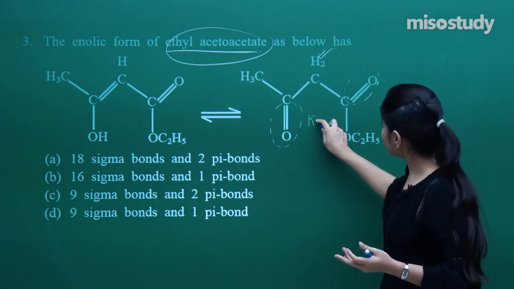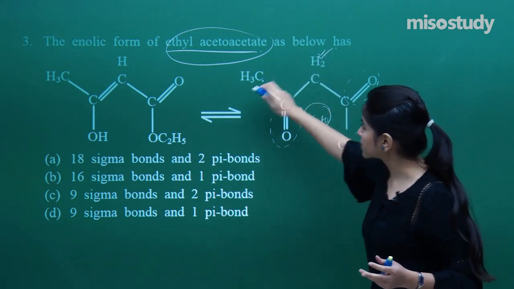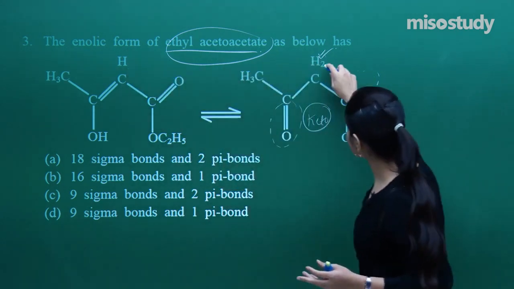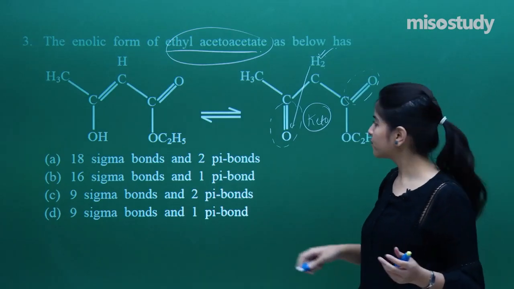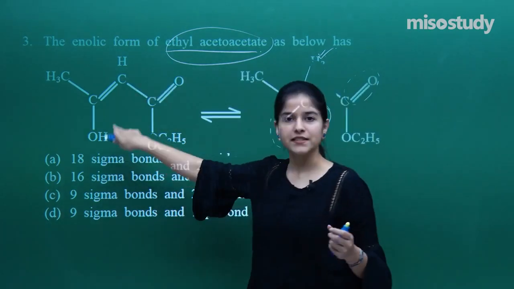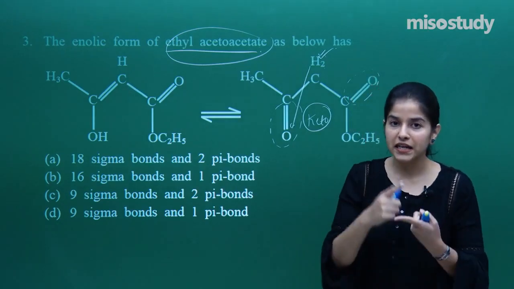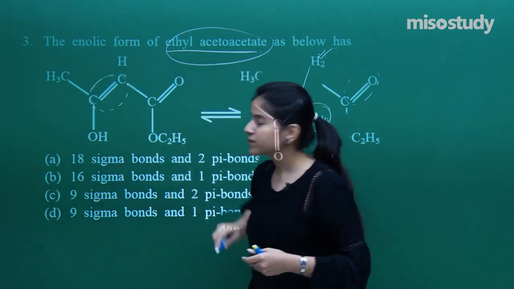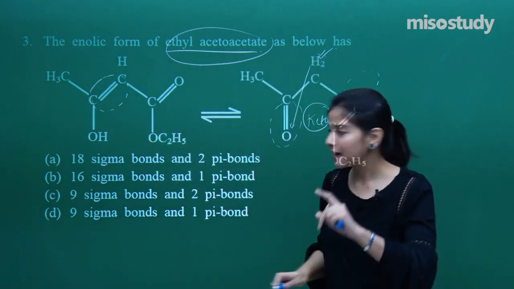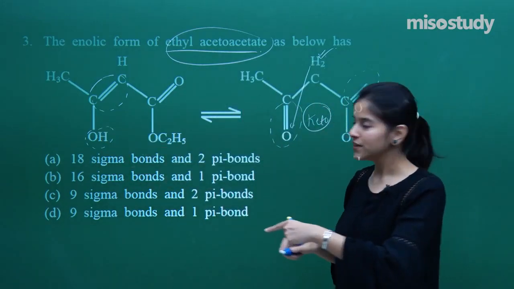So this must be the keto form, and after one of the hydrogens has jumped and bonded with this O, what we have got is the enol form. I hope everybody remembers what enol form is. It's ene plus ol. Why ene? A double bond is generated and ol means alcohol. So that is nothing but the enol form, right?